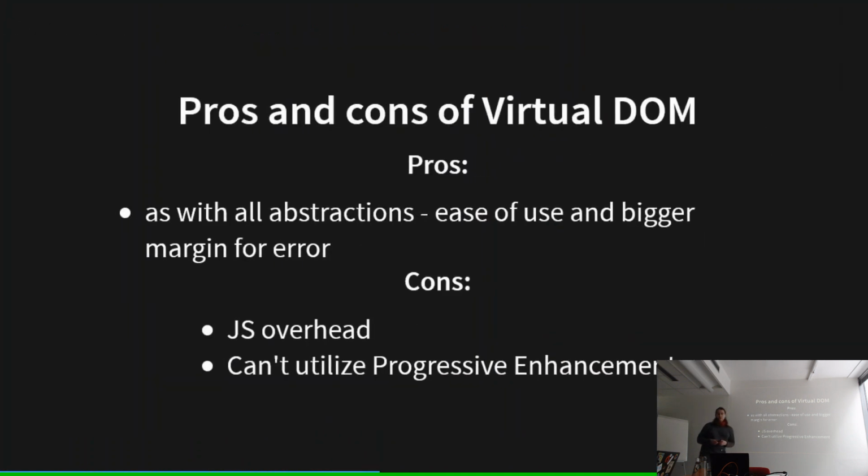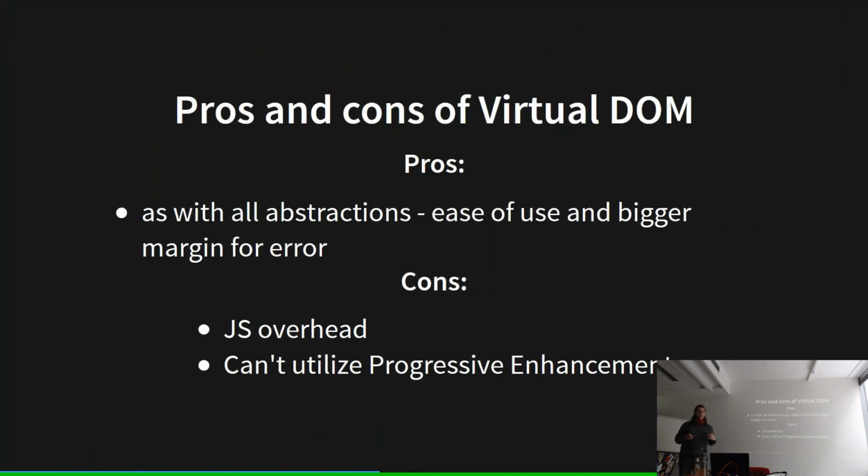Some pros and cons. Virtual DOM is an abstraction of normal standard DOM. It allows ease of use, and you don't have to be afraid that you will make a lot of mistakes, because there are ways to mitigate them and stop you before you make them.